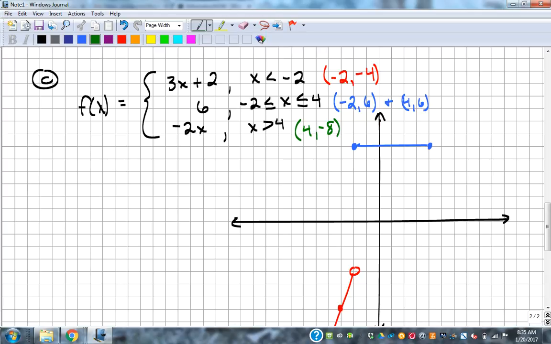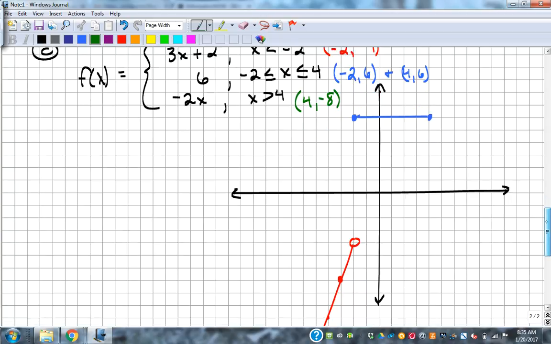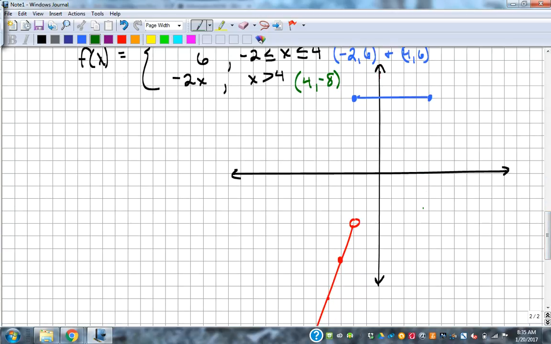Is that point included? Why not? No equal to. It's just greater than. Okay. So I'm going to go to 4, negative 8. 4, 6, 7, 8. Open circle. Make sure I counted correctly.